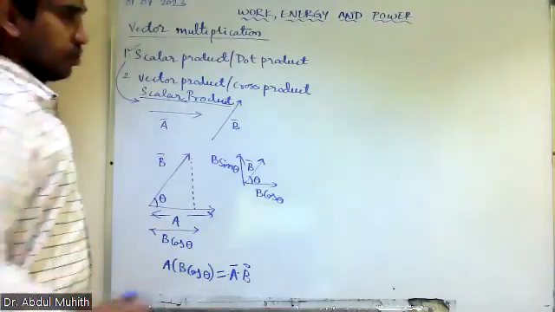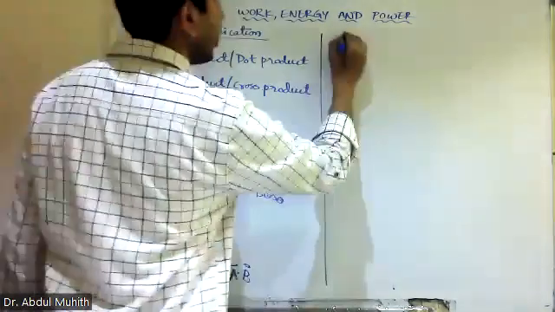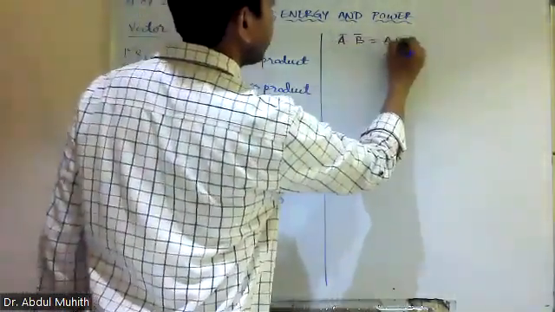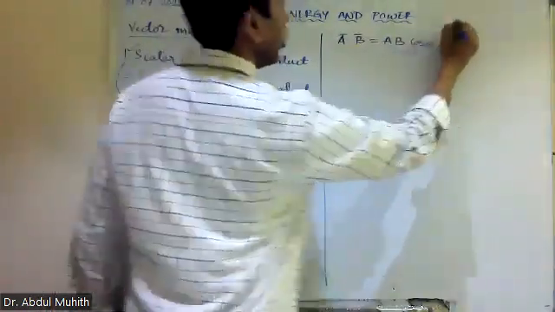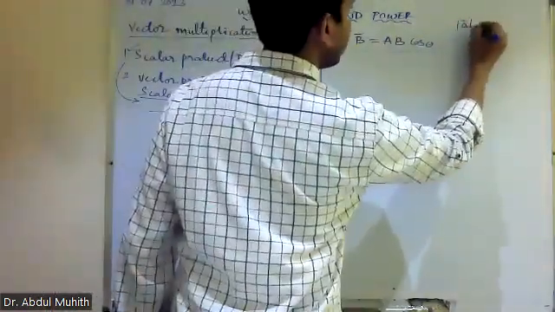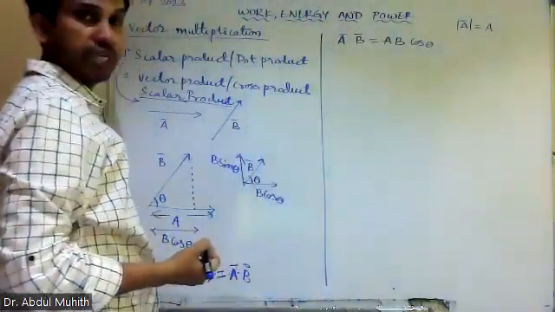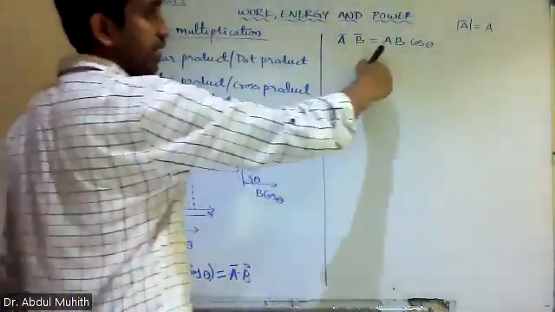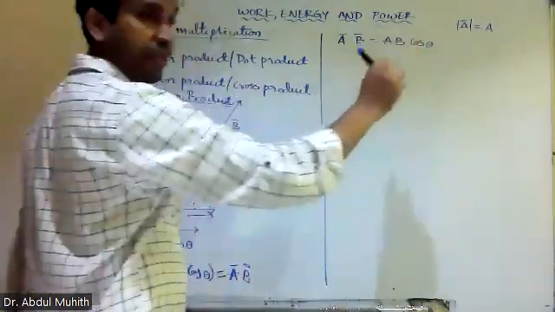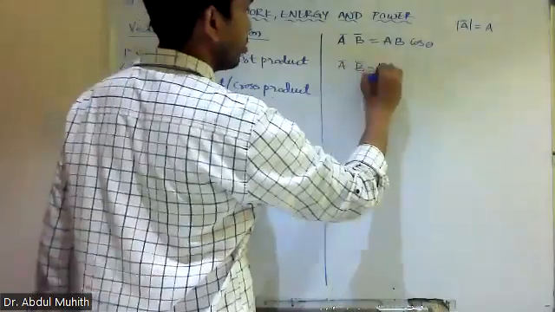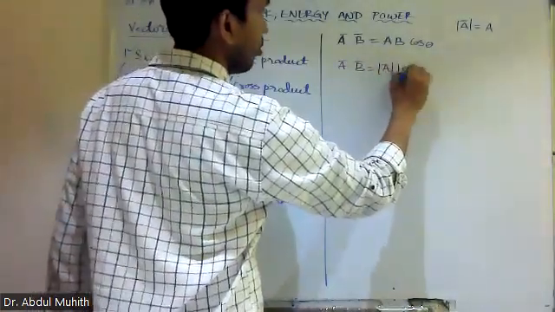Now, here we write A dot B equal to AB cos theta. See, if you are writing modulus of A in vectors, it can be written as A. That's the size, the magnitude. Either you write like this or like this, it is the same. The value doesn't change. A dot B, we can write like this also: modulus of A, modulus of B, cos theta.